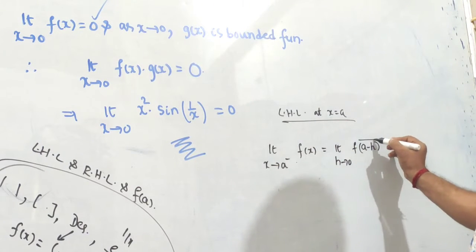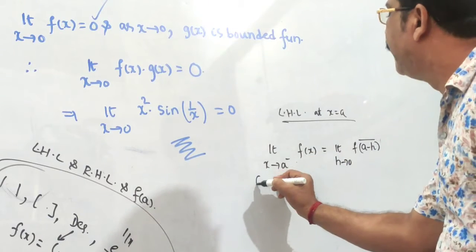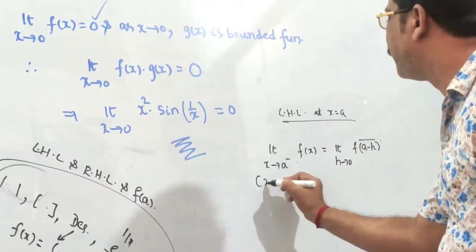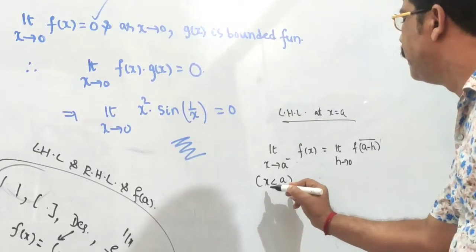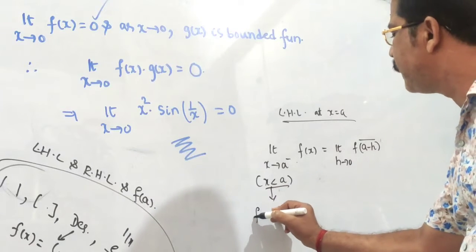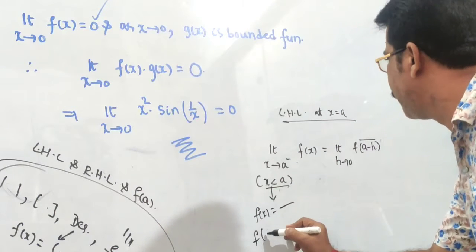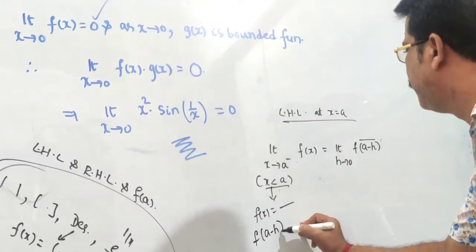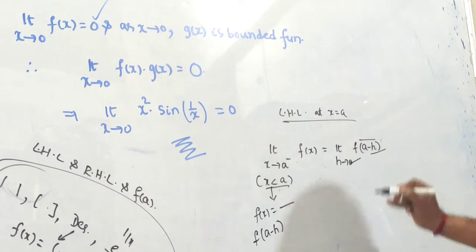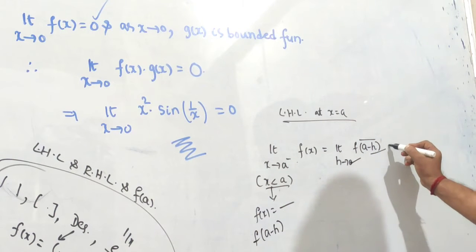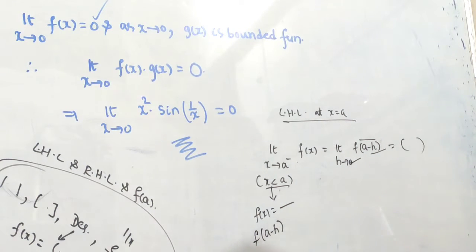How can we write this value? First you come here: x tends to a minus stands for less than a. So in this area, what is f of x? Let us find it from the question. After that, write here itself a minus h. Later copy here and put h equal to 0 directly. Then we obtain so and so value.